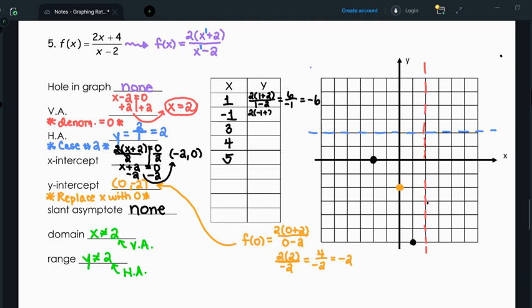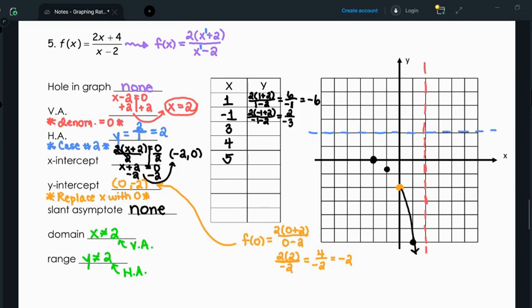Everywhere I have x in my simplified function, I replace it with a -1, which is going to come out to be 2 over a -3. So I go at -1, down 2 over -3. It's an estimate.